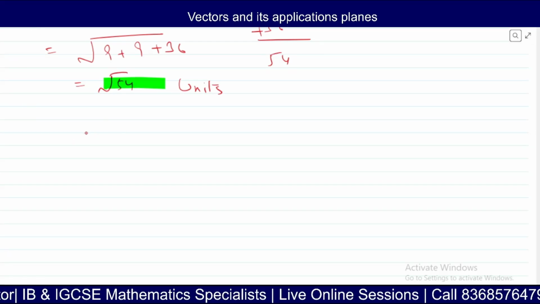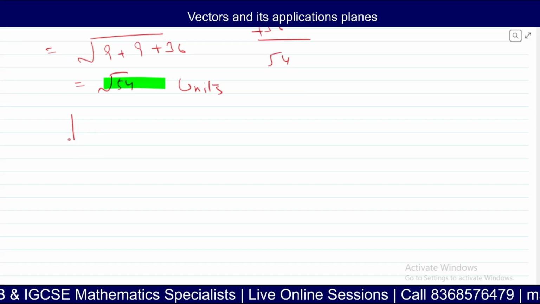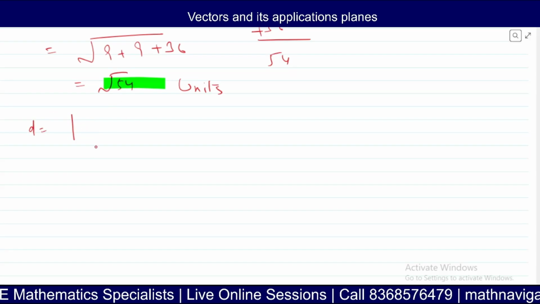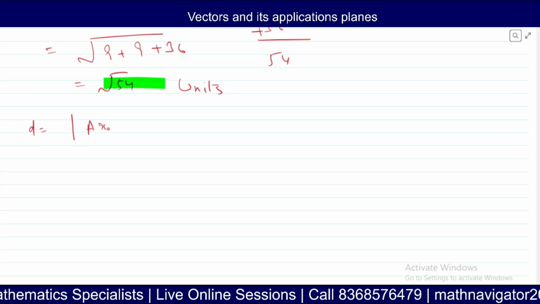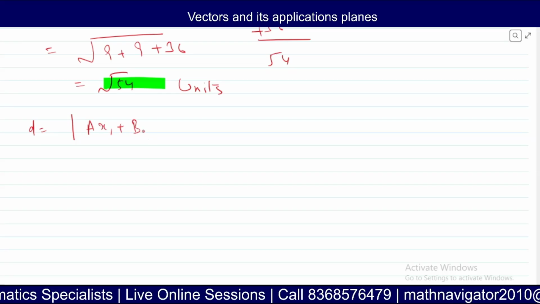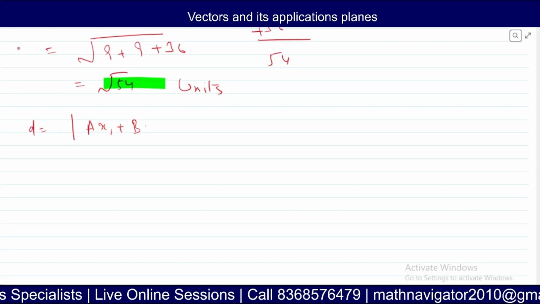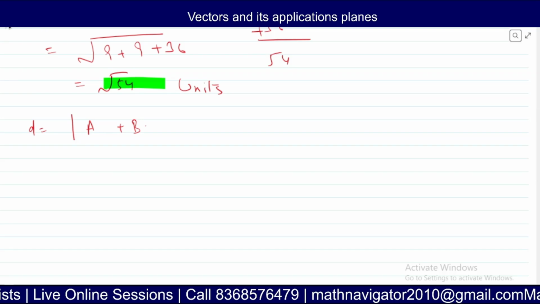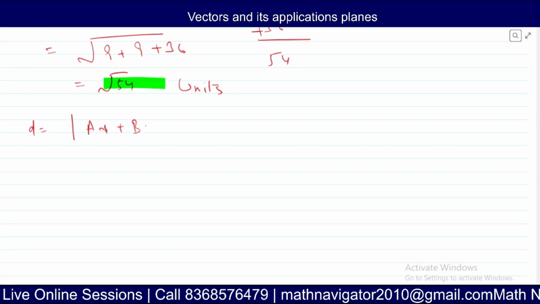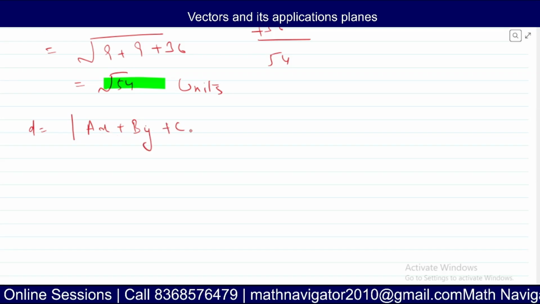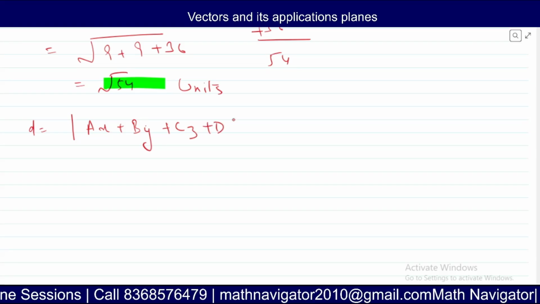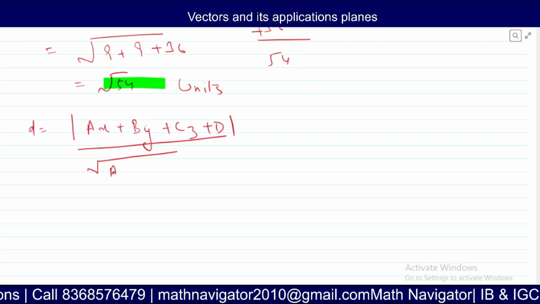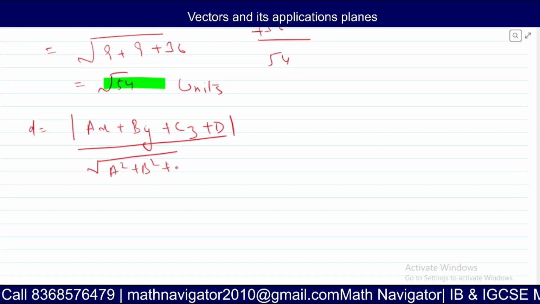So my formula is D, where D means distance, which is root 54, is equal to the absolute value of Ax1 plus By1 plus Cz1 plus D, over under root of A squared plus B squared plus C squared.